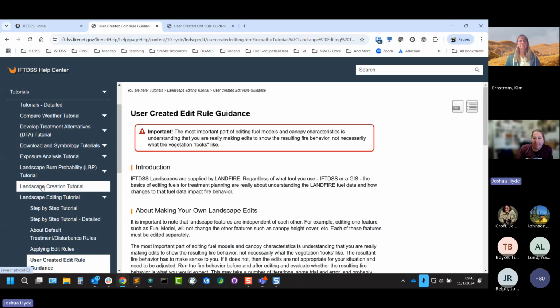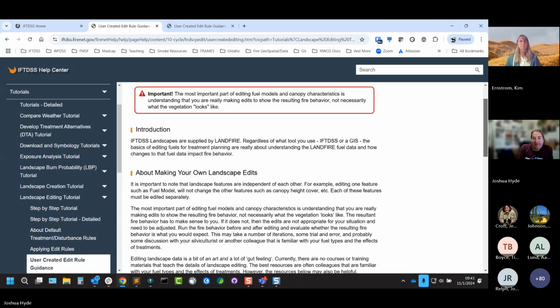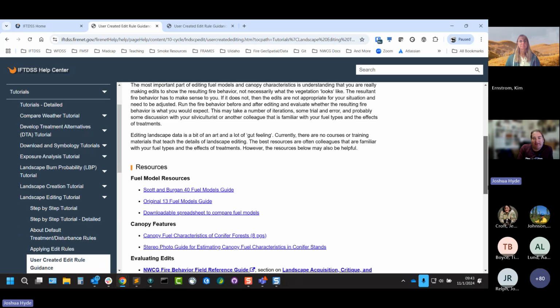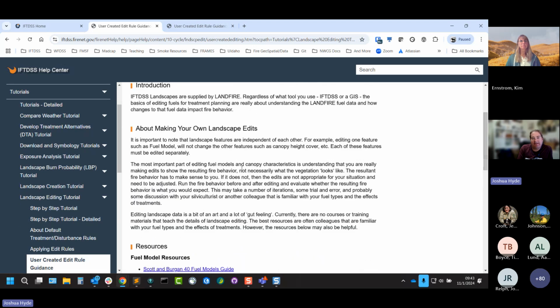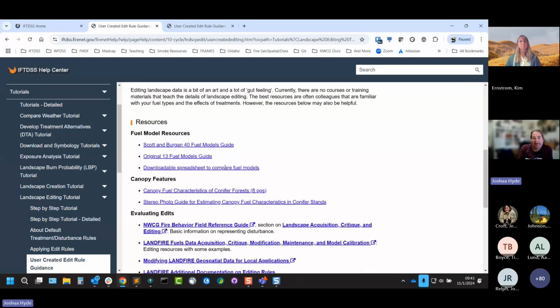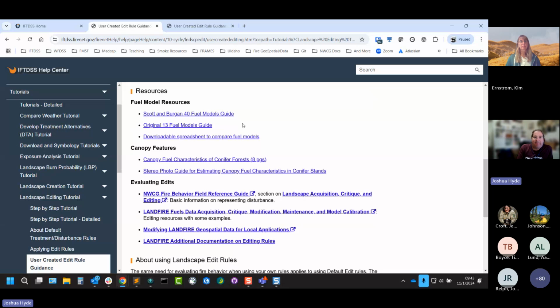And the created rule guidance will have a lot of the material that Kim mentioned here. So just some brief explanation, and then we've got links to, for example, the fuel model comparison spreadsheet that Kim had mentioned. So we've got that down here.